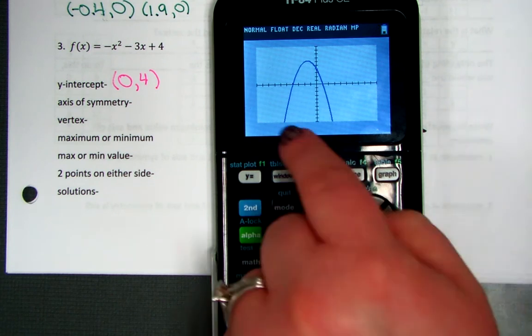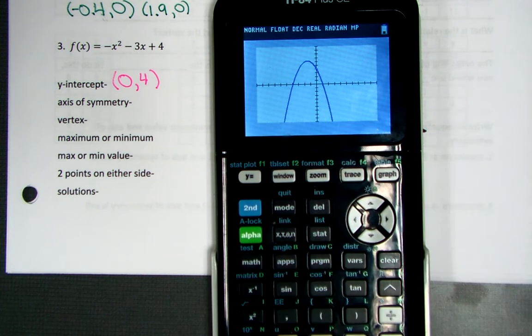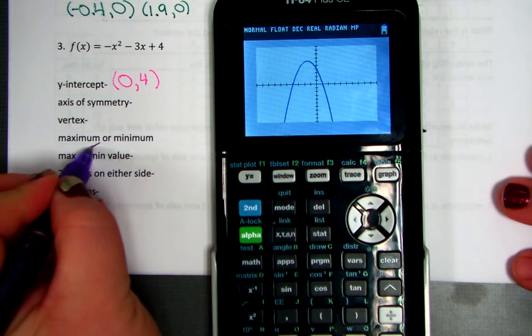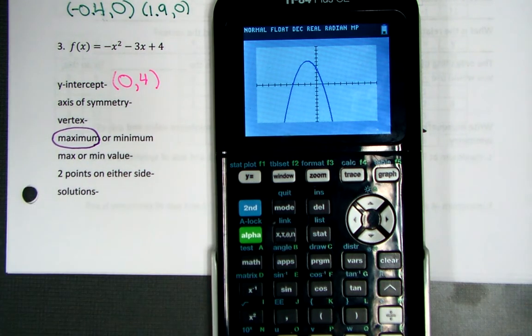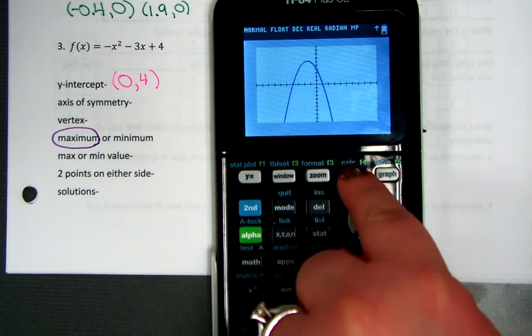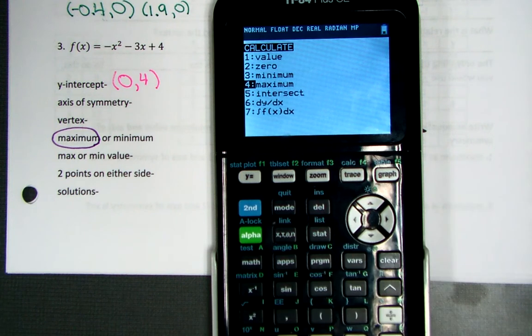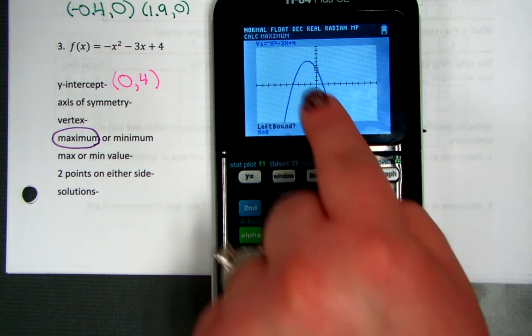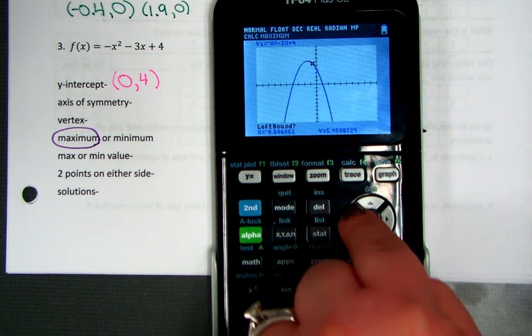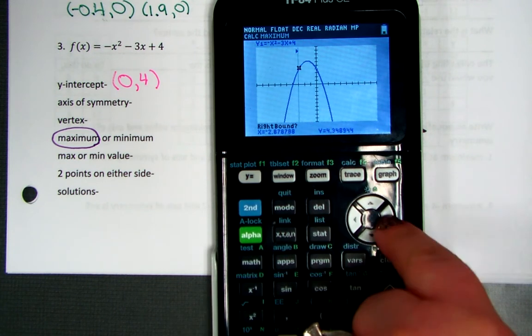Now this time we have a parabola that's opening down, which means that we will be dealing with a maximum value this time. So when I go to find the vertex, I will press second calc, and this time I'll select option 4, maximum. So we need to move our cursor to the left side of the highest point, then the right side of the highest point.